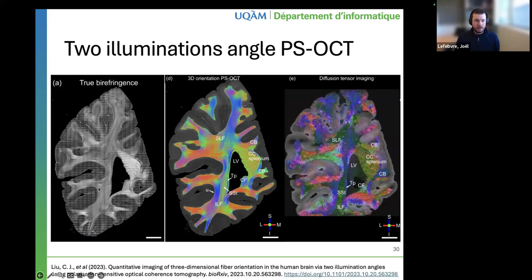I say we, but this was done by a lab in Boston. You can analyze the signal to measure the birefringence of the sample, and then from that you are able to infer the 3D orientation of the sample for every voxel by combining the polarization with the two illuminations.